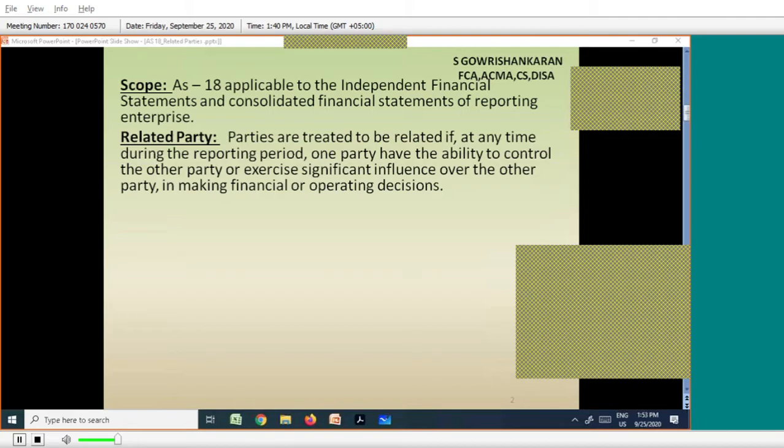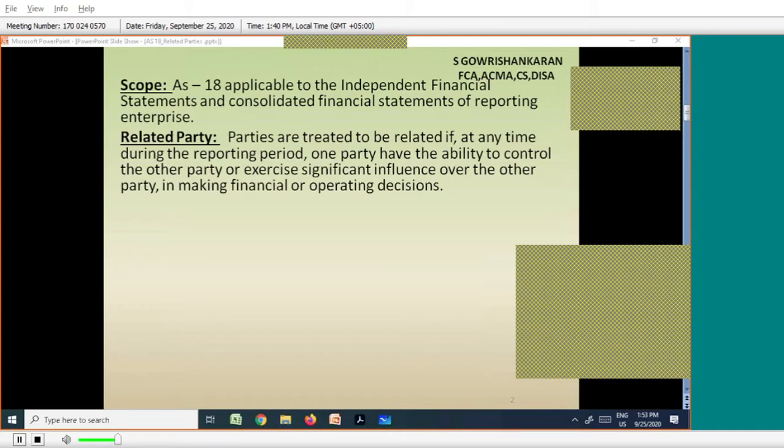Control is one aspect. Influence is another aspect, which is also defined in AS 18, and that also we will discuss. If someone is controlling you or someone is influencing you, both are related parties. How it is defined in AS 18, we will understand.